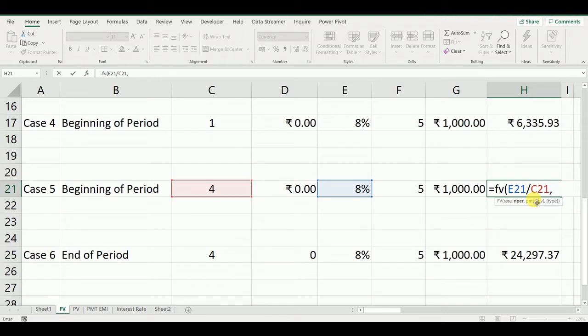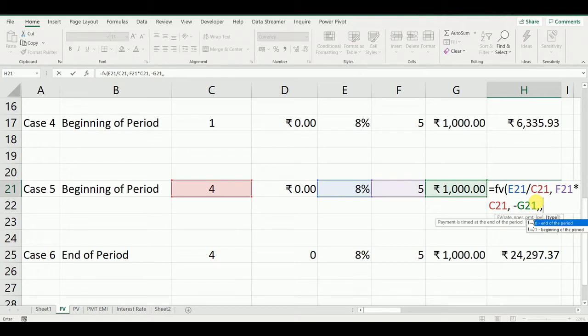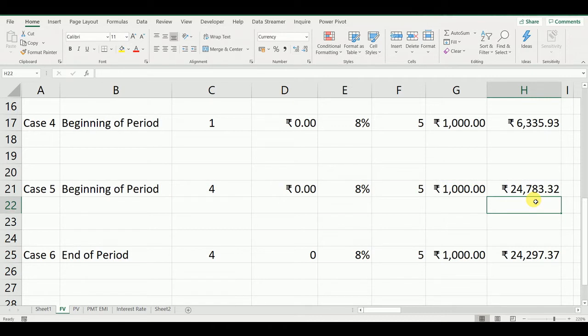Now number of periods is 5 into 4. Payment is 1000. PV is 0 and this is beginning of the period, so we will give 1. So here we are getting 24,783 if we are investing 1000 rupees quarterly.